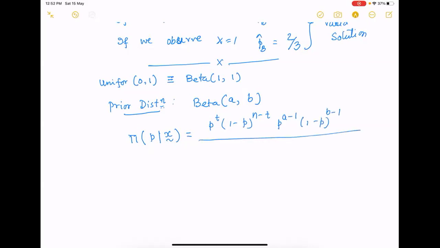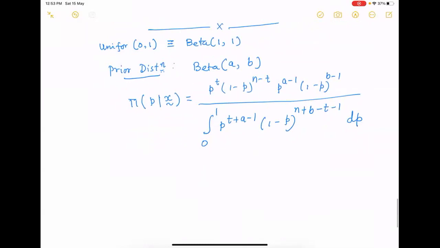So this will be the integration from 0 to 1 of P to the power T plus A minus 1, 1 minus P to the power N plus B minus T minus 1 dP.